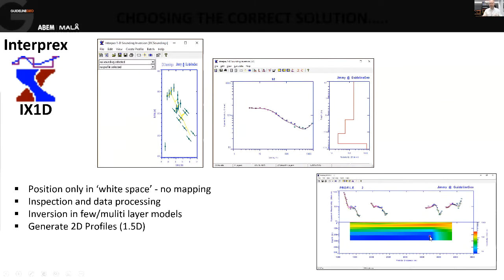It's not particularly complex in the way that it does it. It just interpolates between them. So you don't get the most advanced 2D profile you could possibly get from 1D soundings, but it gives you an idea of how the geology might change from one location to the other. And it'll also process both resistivity and IP data.